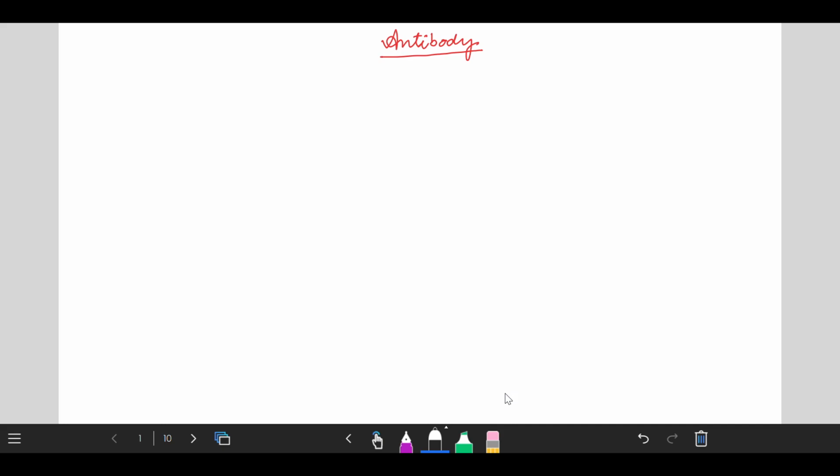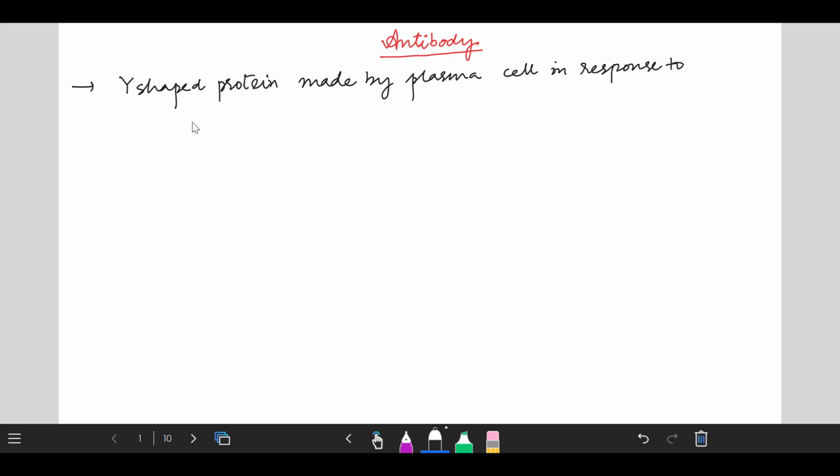Actually, antibody is a Y-shaped protein made by plasma cells in response to an antigen. It is also known as immunoglobulins.